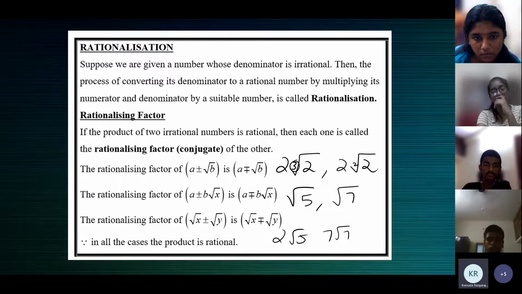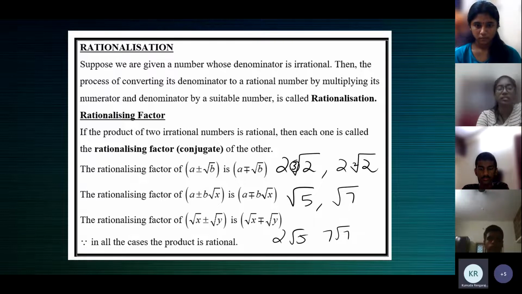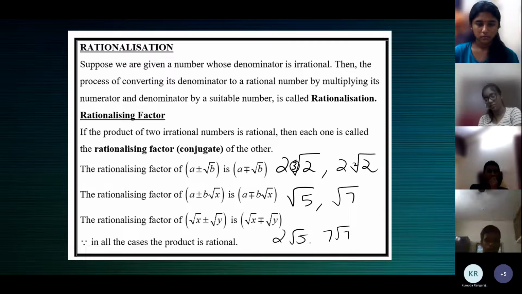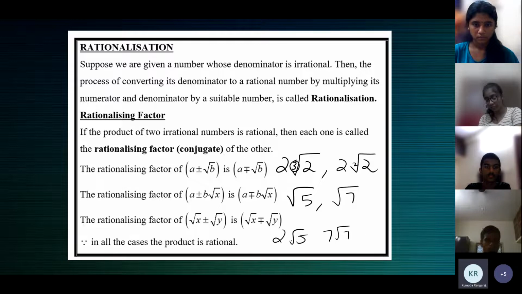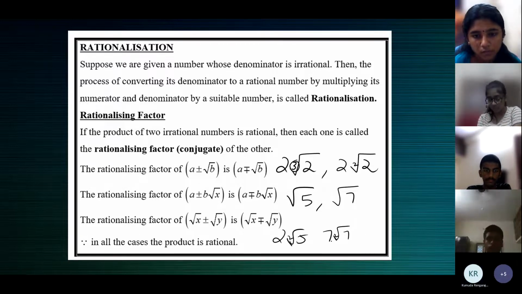You can divide. You cannot simplify further on division, but the operations multiplication and division can be performed, but you cannot add or subtract. These are unlike surds of the same order, the order is 2.